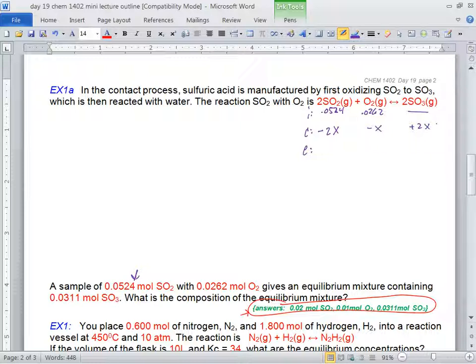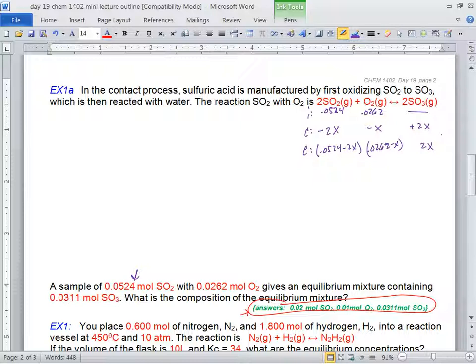Okay, now it was said that the E row was all the answers. How do you get it? Just bring it down. So the first one would be 0.0524 minus 2x. Yeah, add them up. 0.0262. Okay. Then what did you do?